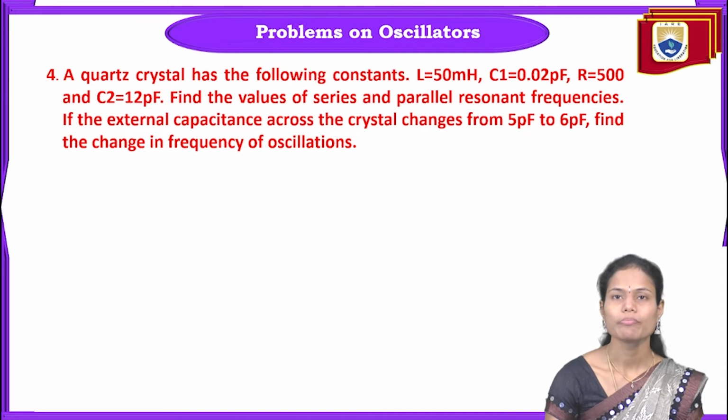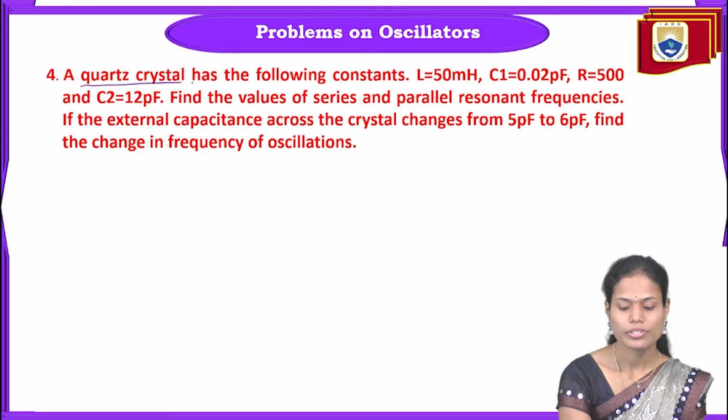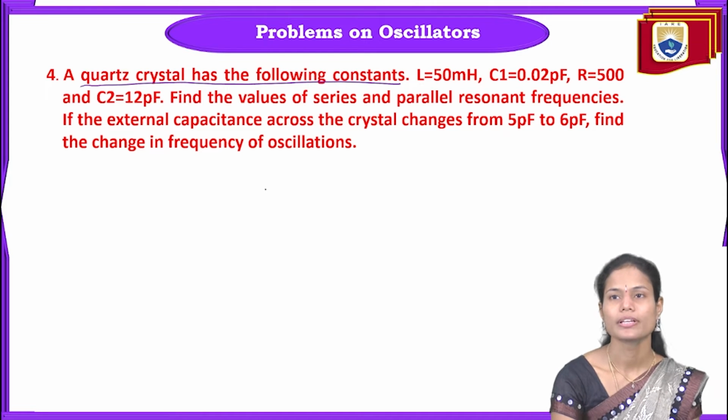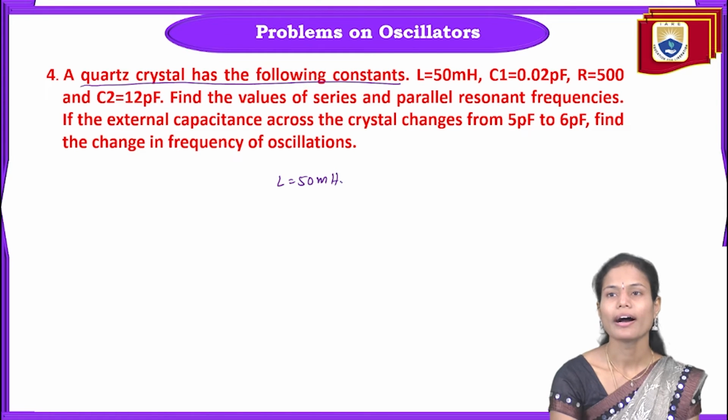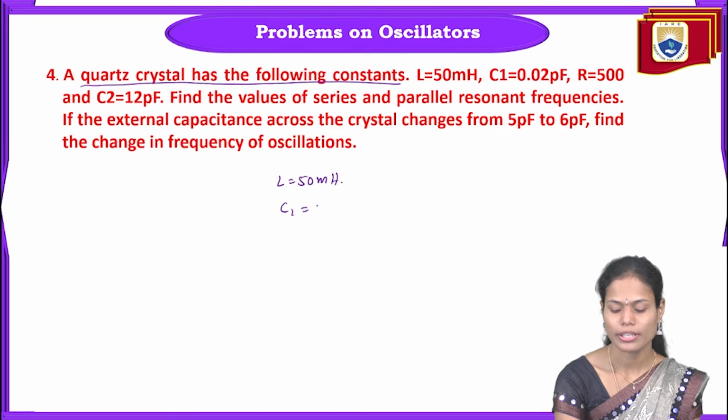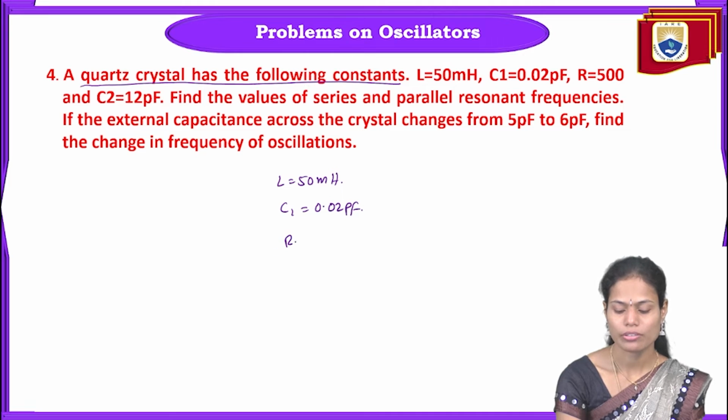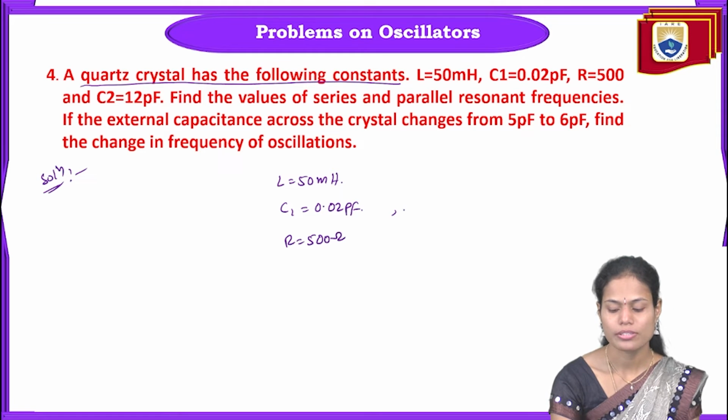Well, coming to the next problem, this is also related to the crystal oscillator. In that feedback, we have RLC elements. A crystal has the following constants: inductance value is 50 millihenries, the capacitance C1 is 0.02 picofarads, the resistance value is 500 ohms, and the C2 capacitance is 12 picofarads.